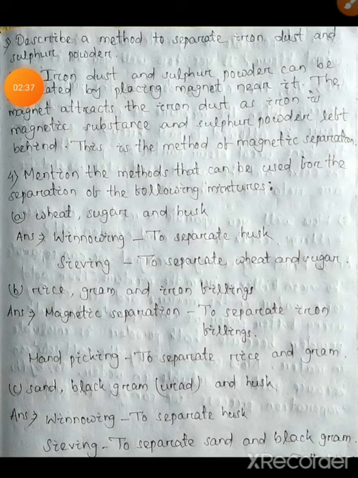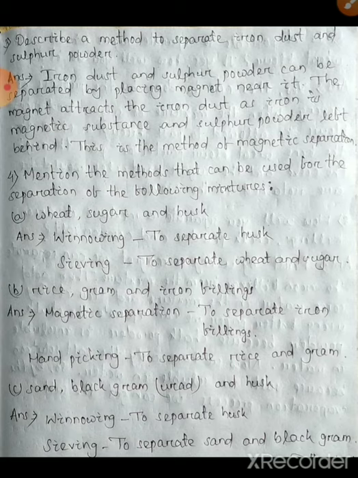Third question: describe a method to separate iron dust and sulfur powder. In the previous question also we discussed iron. If iron is there, it is attracted by the magnet, and the other component of the mixture is a non-magnetic substance, so by using a magnet we can separate it.